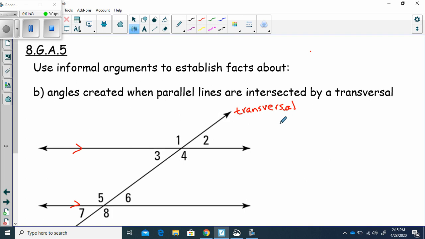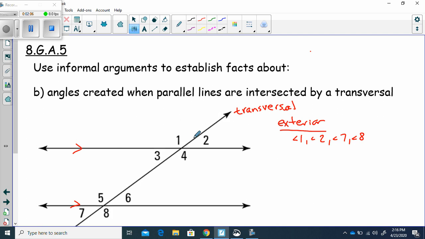First off, let's talk about exterior angles. Exterior angles would be those that are outside the two parallel lines. If you look at this line here and this line here, the ones on the outside, 1 and 2, 7 and 8, are our exterior angles: angle 1, angle 2, angle 7, angle 8.